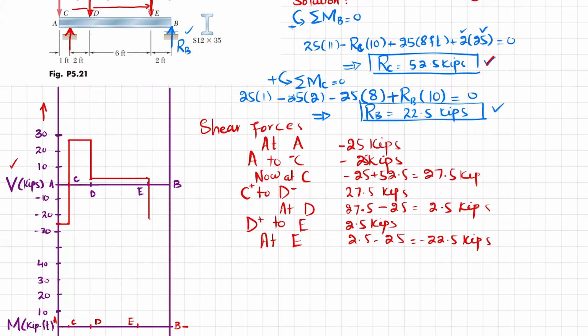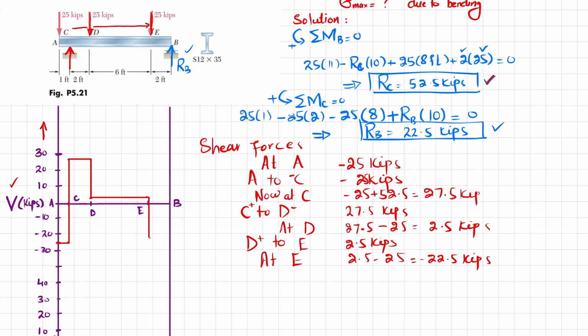Now from E to B, this load will be the same. From E plus to B, this load will be minus 22.5 kips. And at RB, which is plus 22.5, it will be horizontal, and at point B the load will go upward to 0.